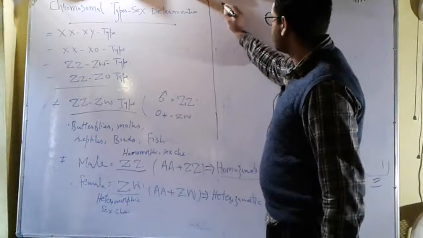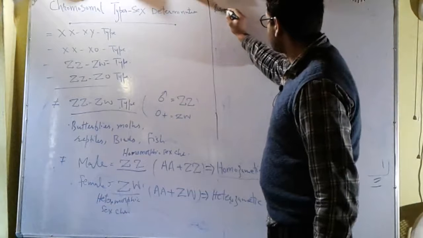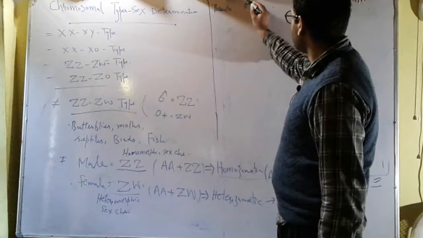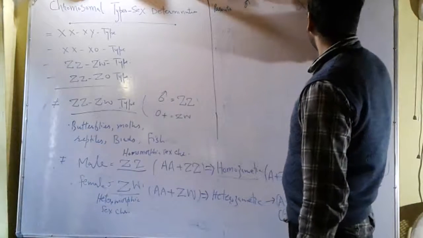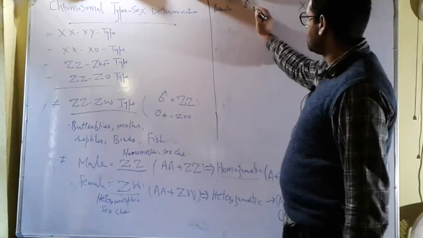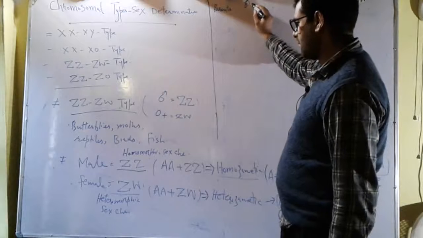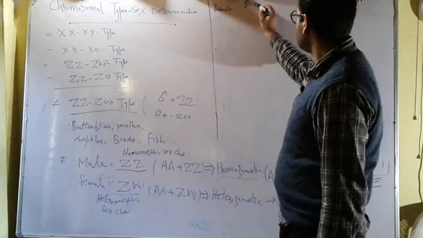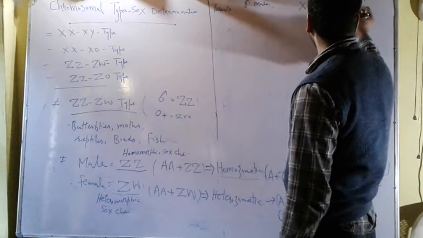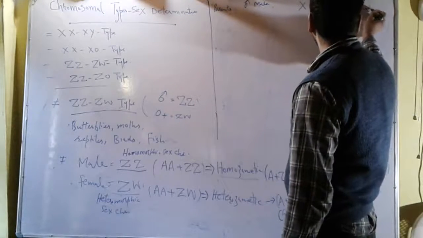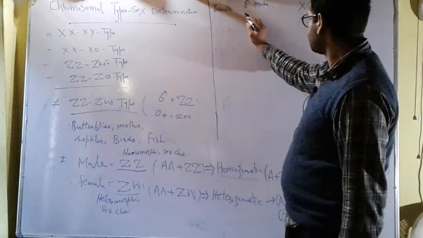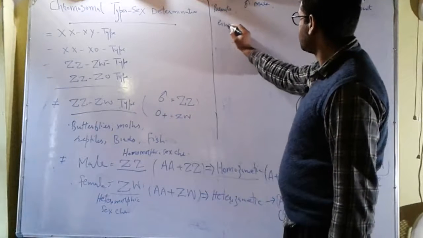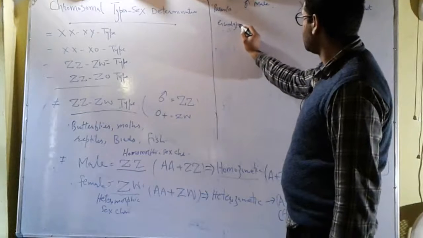We will explain like this. We have parents, male parent and female parent, having genotype.